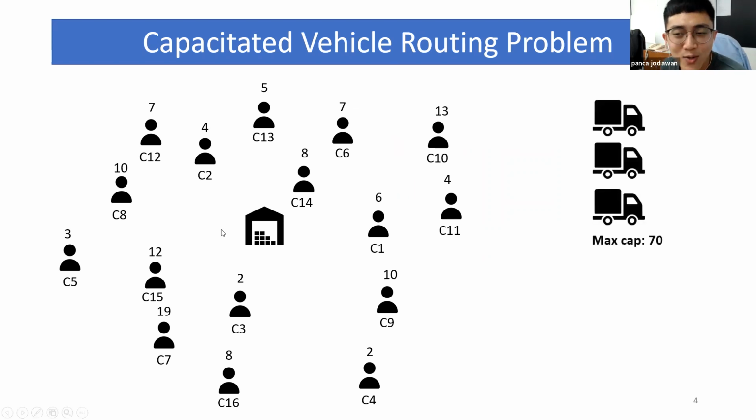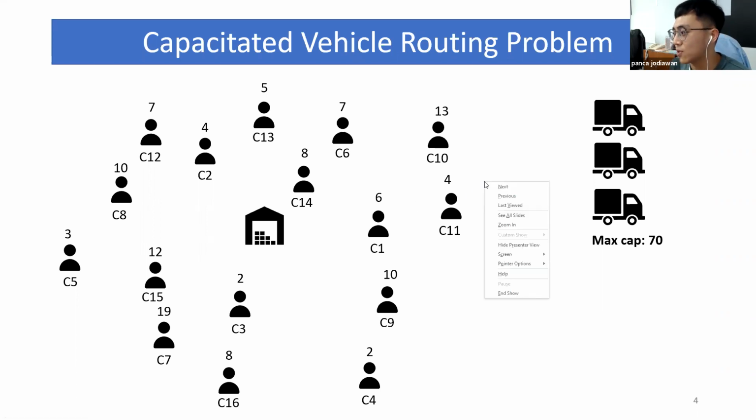Now here we have a set of vehicles, and those vehicles will depart from the source of goods, the depot. Here we have, for example, 3 trucks or 3 delivery vans, and the maximum capacity of each delivery van is 70.